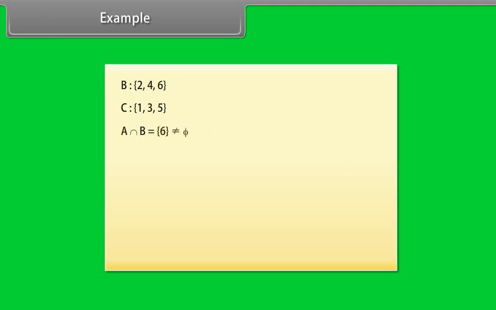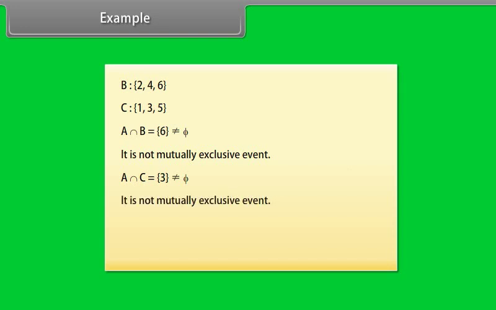A intersection B is equal to 6, which is not equal to phi. It is not mutually exclusive event. A intersection C is equal to 3, which is not equal to phi. It is not mutually exclusive event. B intersection C is equal to phi. It is mutually exclusive event.